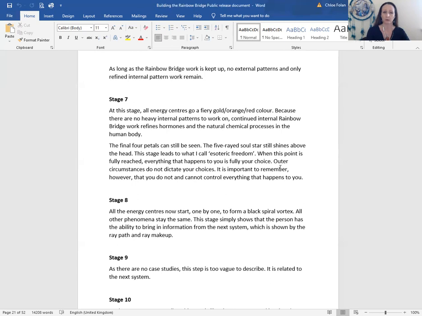Those black spirals that start to form at the eighth stage are linked with the efforts and energy needed to form the next system, which will be a system of circles under the red ray of will and power. But that system is still a very long way off.